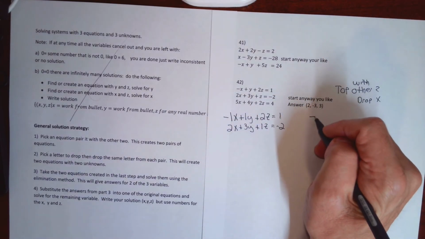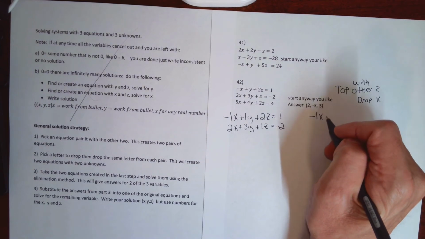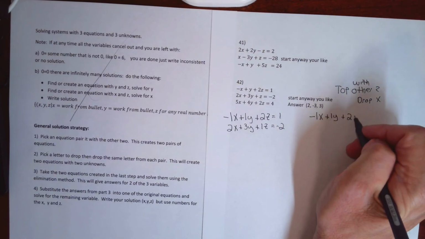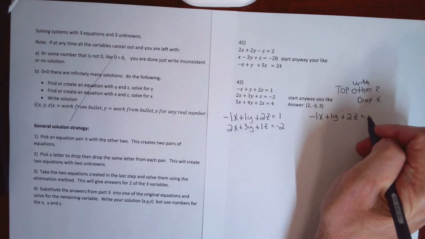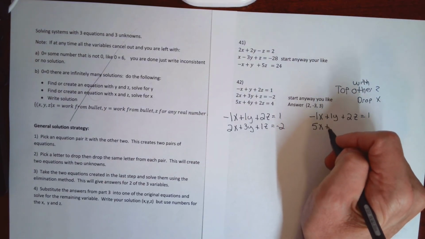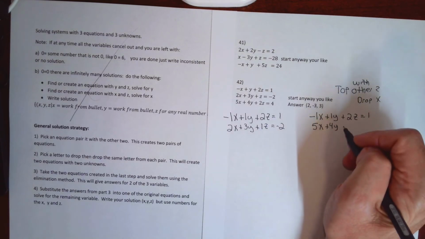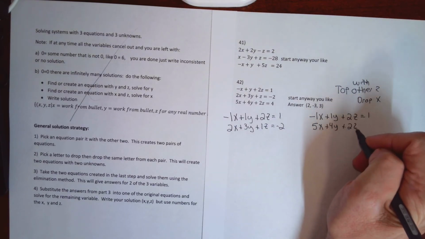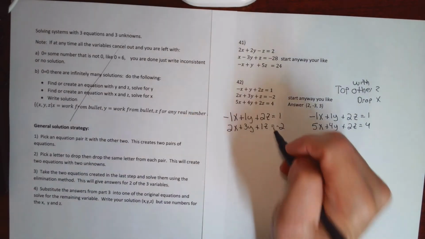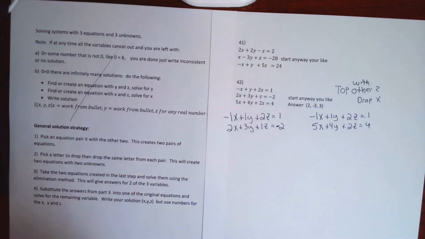And the top equation of negative 1x plus 1y plus 2z equals 1 with the bottom of 5x plus 4y plus 2z equals 4. Just sit on this for a second. Make sure, the best you can, that you haven't written down anything wrong. Make these negative signs stand out the best you can.